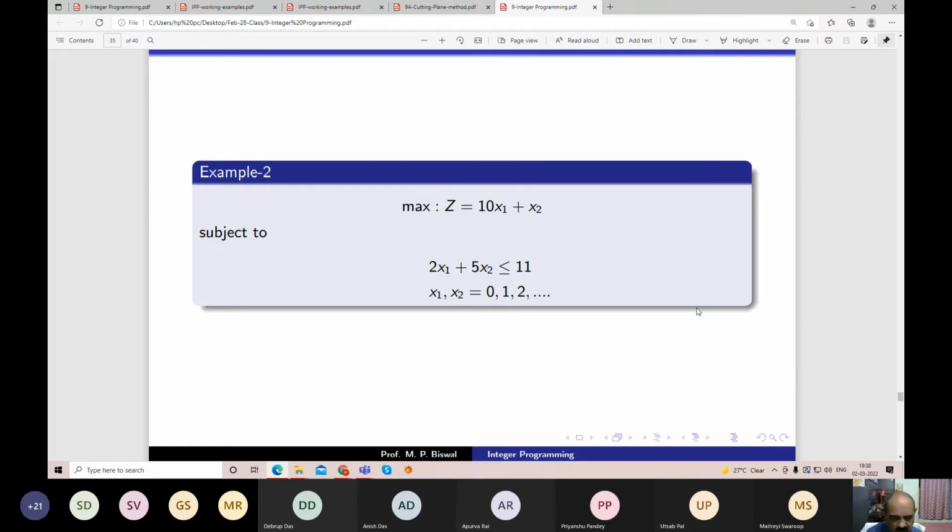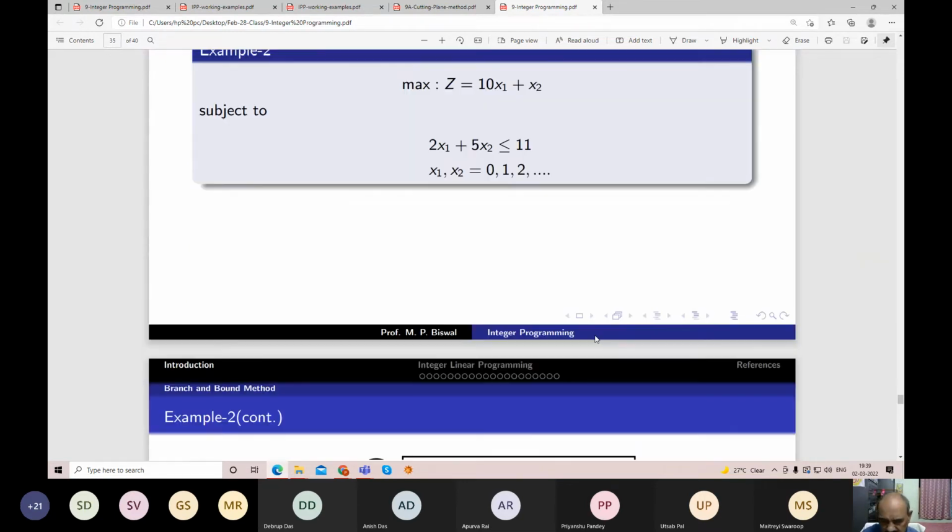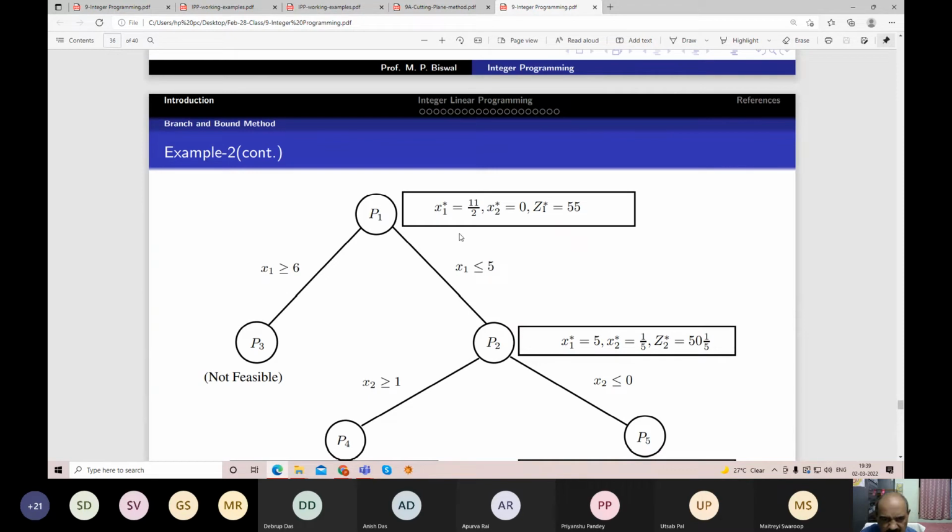The objective function value is becoming 55, with x1 equal to 11 by 2, x2 equal to 0. That is giving the maximum. But are the solutions non-integer or integer? Non-integer, x1 equal to 11 by 2, x2 equal to 0, and z1.